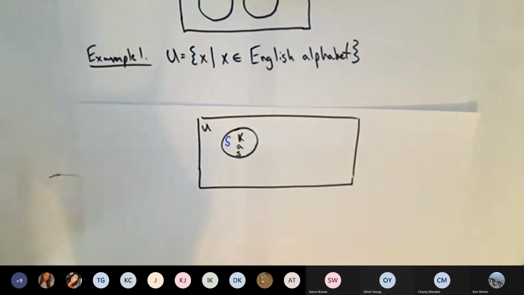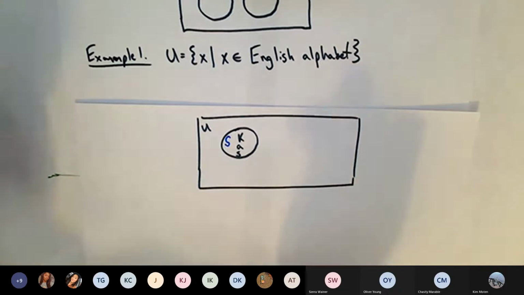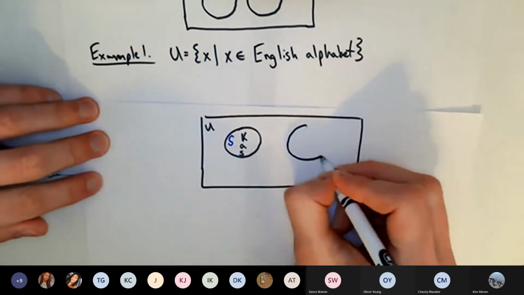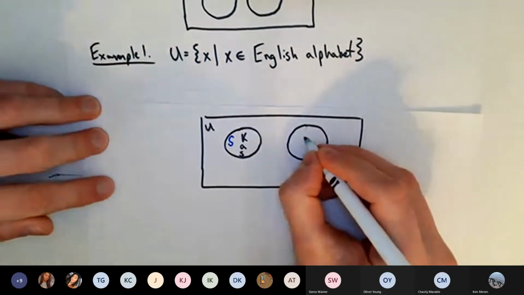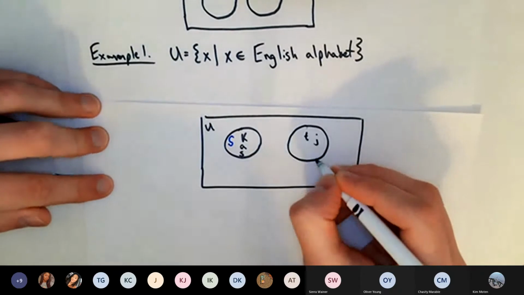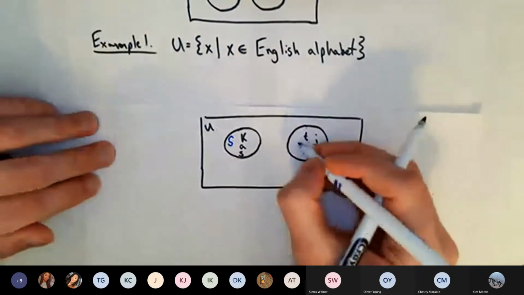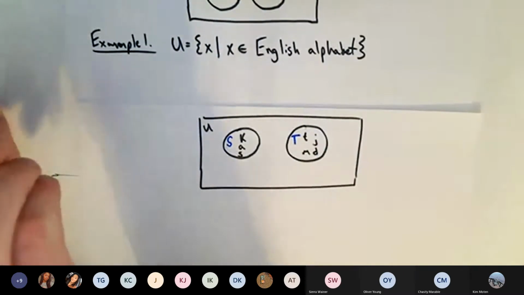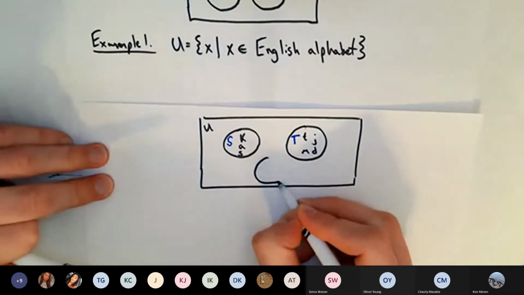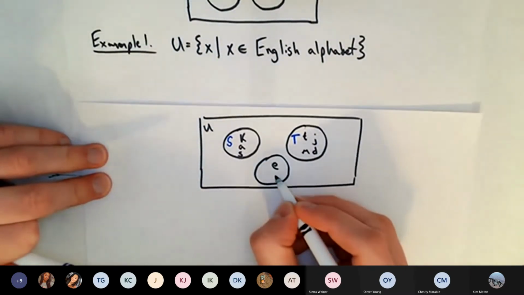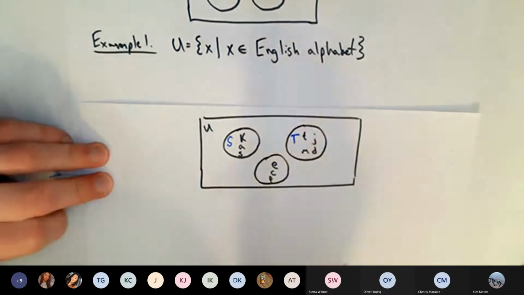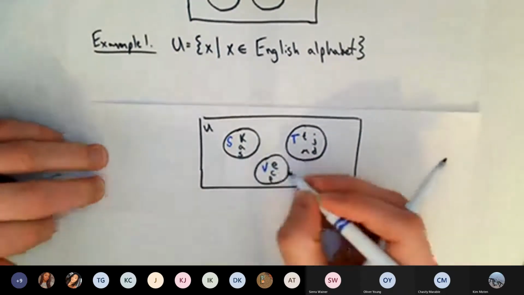So that's the name of the set, capital S. And then we have T over here, which contains the letters T, J, M, and D. So this is the set T. And then the set V down here contains the letters E, C, and P.